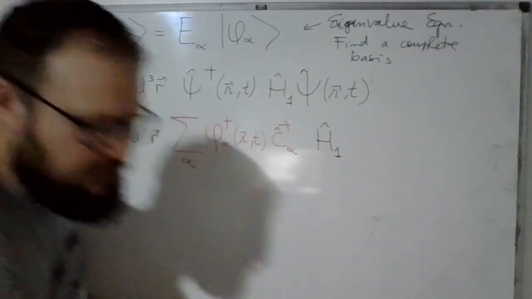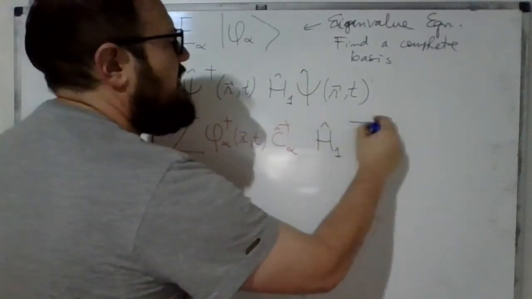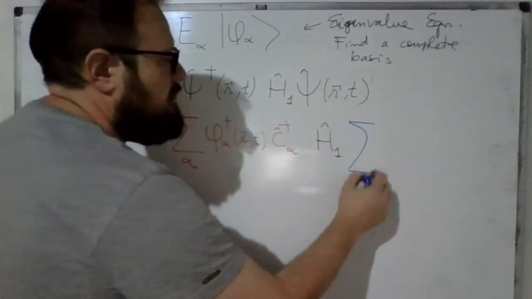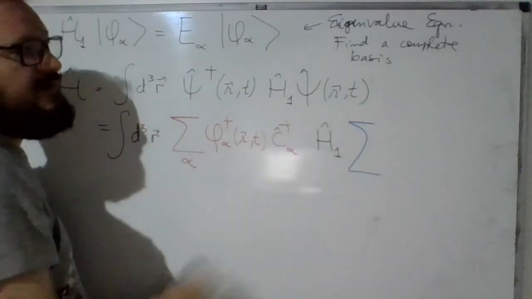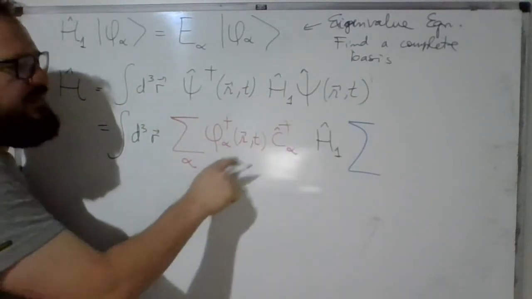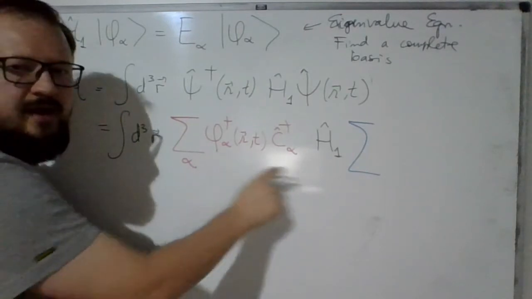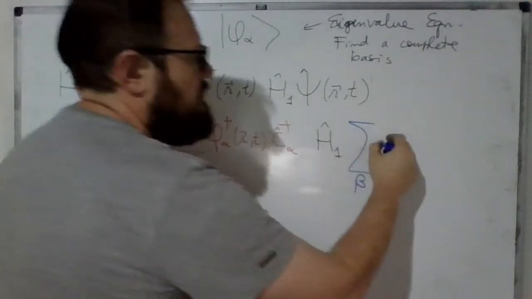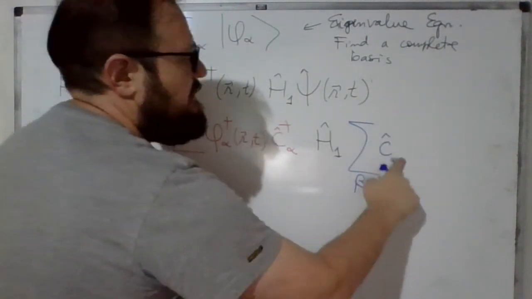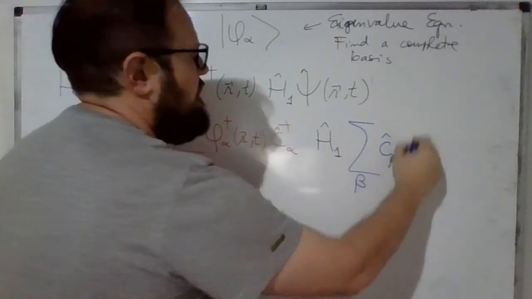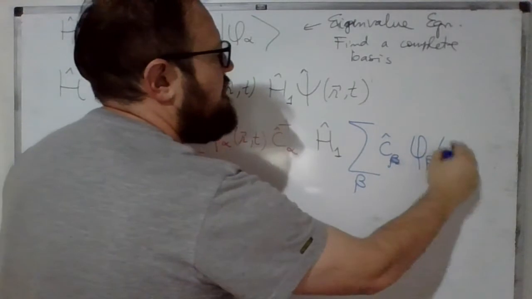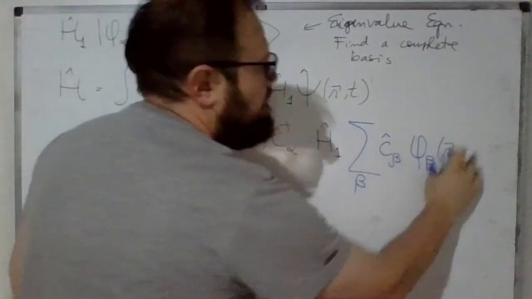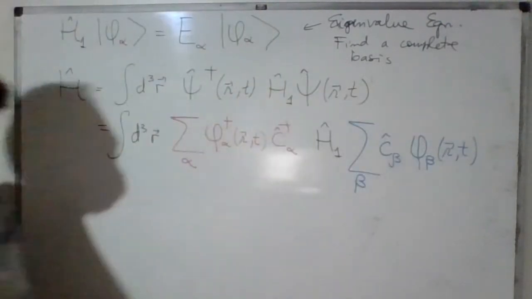We expand this operator, the annihilation operator, into the same complete basis, but since they are dummy indices being summed over, I will use another label, beta. So this is C of beta times phi beta of R. I can plug in the time dependence here or in the functions, whichever you choose.